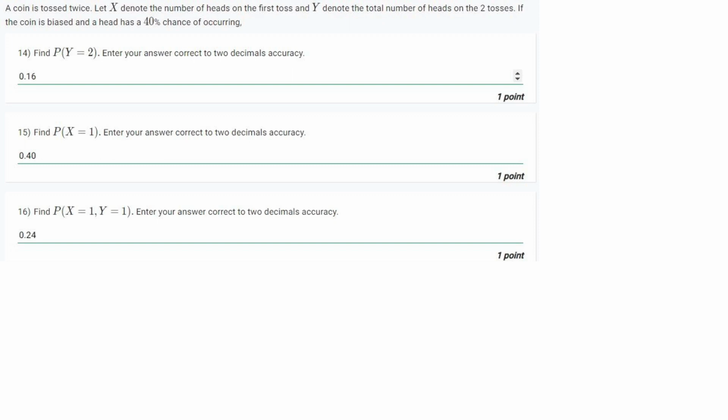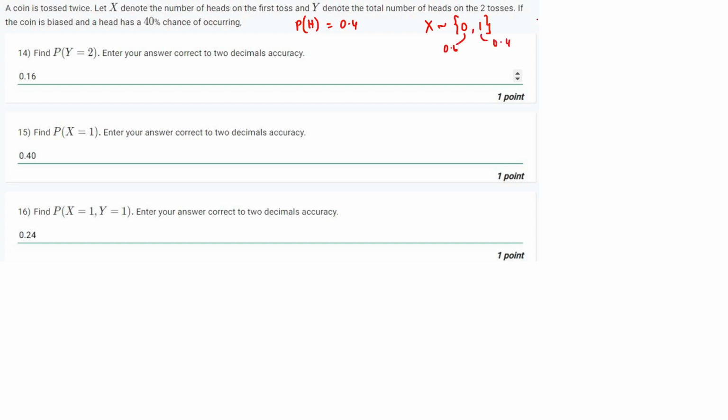If the coin is biased and the head has 40% occurrence, that is, p of head is 0.4. So what can I get as the value of x? The range of x is either 0 or 1 in the first toss. Here the probability of getting 0 is 0.6 and the probability of getting 1 is 0.4.